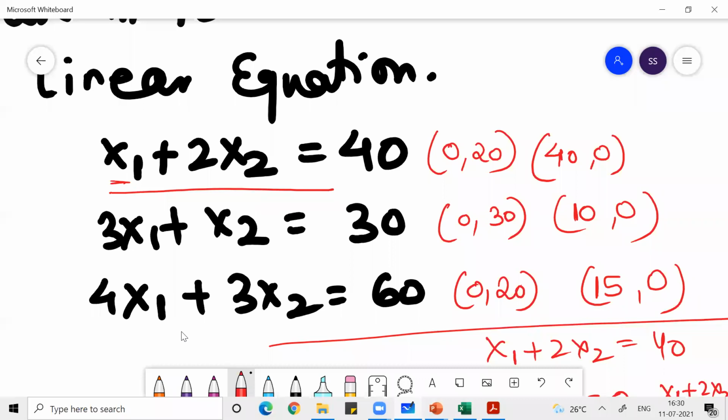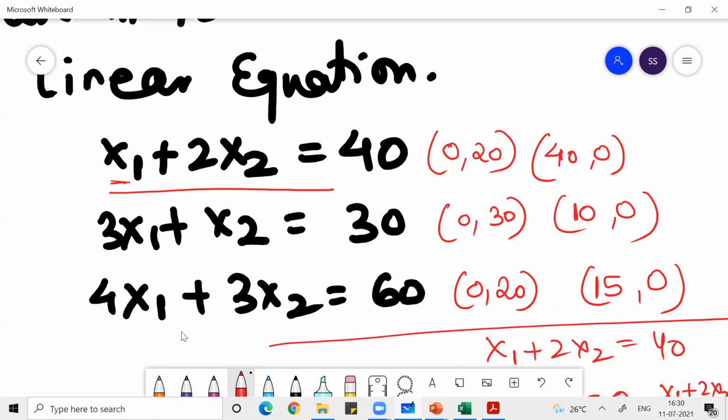If you want, you can do it step by step. You can put any value of x1. Sir, why are you putting 0? The reason for putting any variable as 0 is to get the other variable very easily. I can put x1 equal to 1 also, but then I need 2-3 steps to find the value of x2. Is that really important? No, I just want to draw a graph, and for drawing a graph I need just 2 coordinates.